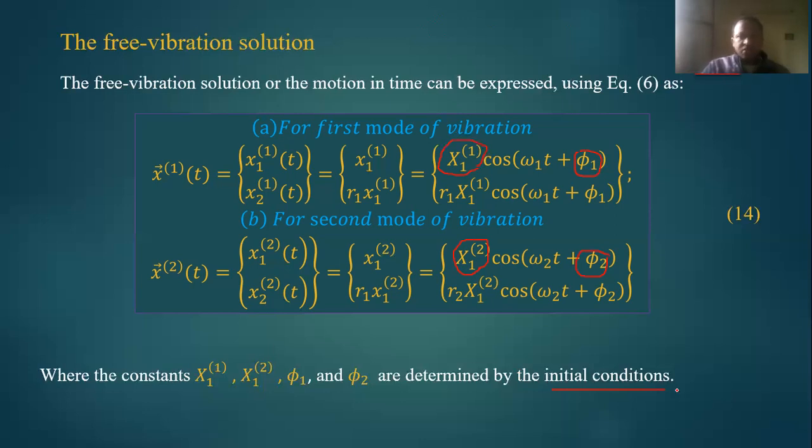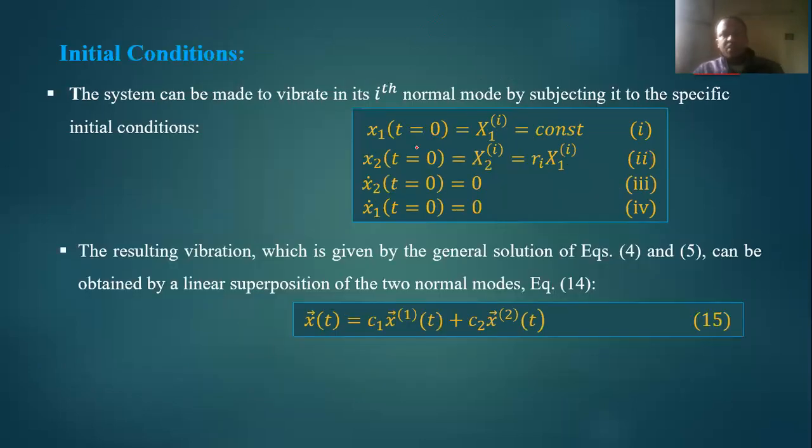So what initial conditions do we have? X1 of t, which is xi of 1, which is constant. So we apply this initial condition in general in order to determine them. And then finally, we superimpose the equations of motion of the first mode and the second mode.